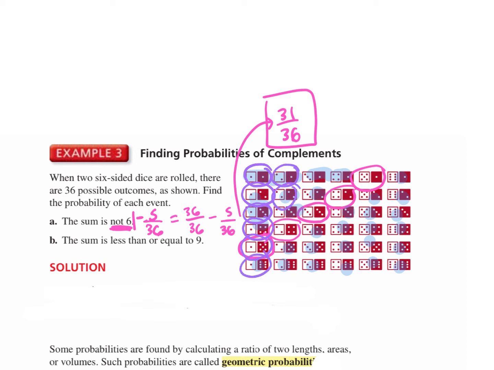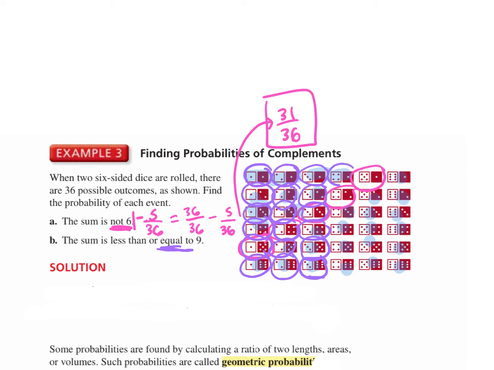This is 3, 4, 5, 6, 7, 8. This is 4, 5, 6, 7, 8. The one down here is 9. Are we including it? Yep, because it says less than or equal to 9. So that would be included.